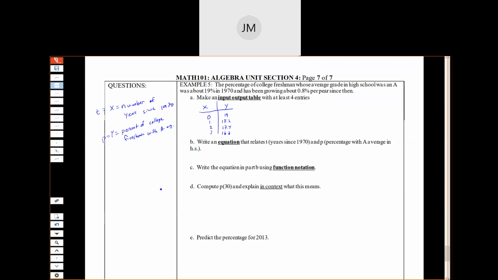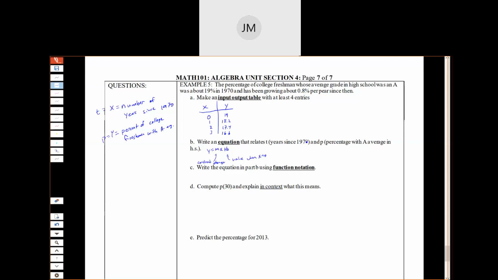And what I want to do is, if I think about a linear equation, I have this constant rate that we're decreasing by. If you remember, y equals mx plus b, b is going to be the value when x is 0, and m is going to be the constant amount of increase or decrease. So because it's decreasing by 0.8, I want the m to be a negative 0.8.